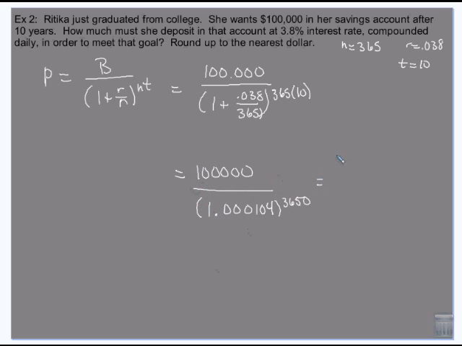So that gives me 100,000 divided by 1.4622556, which gives me $68,388 that she'll need to have in the account today to have $100,000 in 10 years.